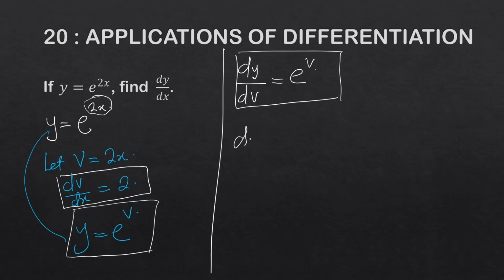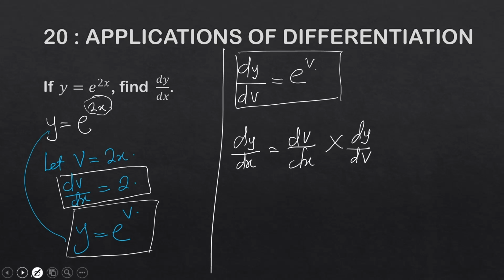Therefore, to find dy/dx is going to be, check the pattern, dv/dx times dy/dv. If you check this very well, if you are looking for dy/dx, you have to set up an equation so that if you cancel this and cancel this, you still have your dy/dx. Let me give you another example.